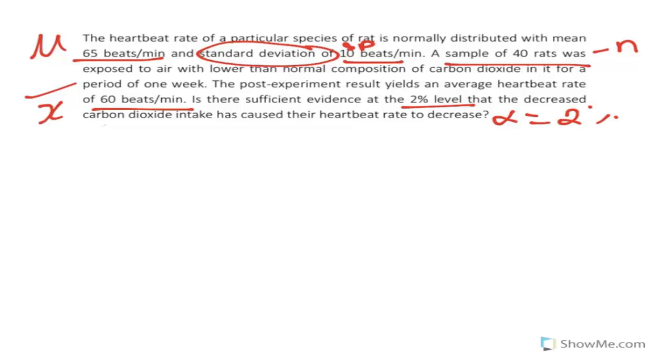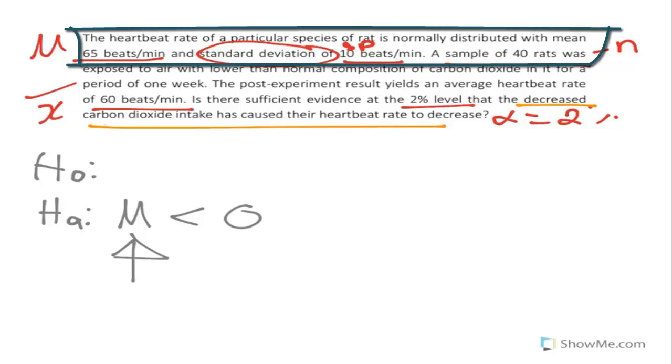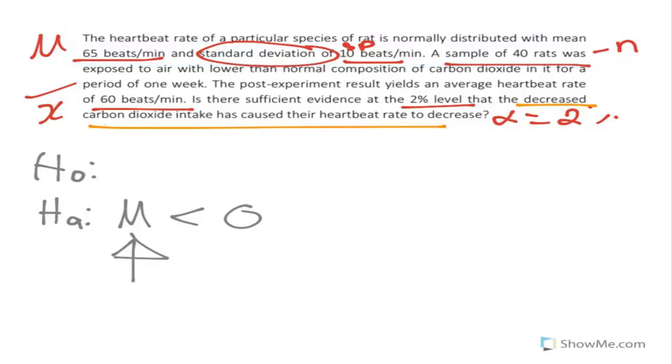Now we look at the hypothesis. Is there sufficient evidence at the 2% level that the decreased carbon dioxide intake has caused heartbeat rate to decrease? Okay, so always find your H0 and HA. Let your mu be your heartbeat rate. The question says the heartbeat rate of a particular species of rat is normally distributed with a mean of 65 beats per minute, which means your population mean is your heartbeat rate.